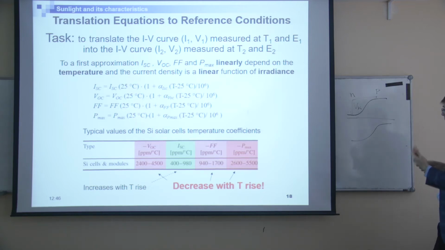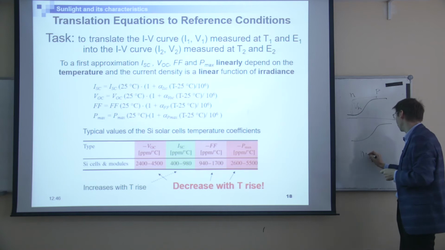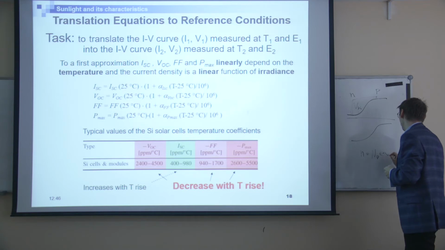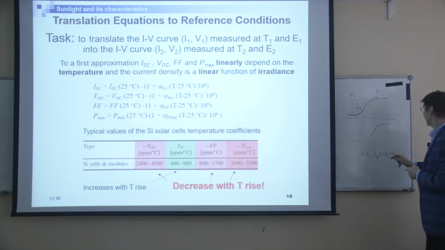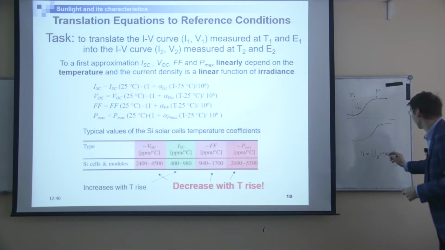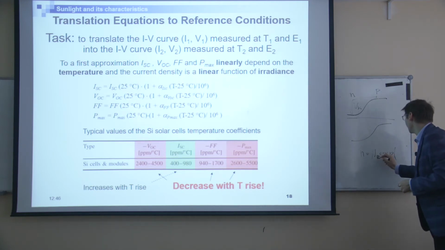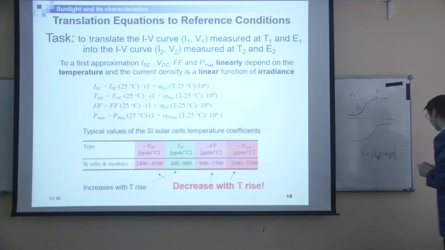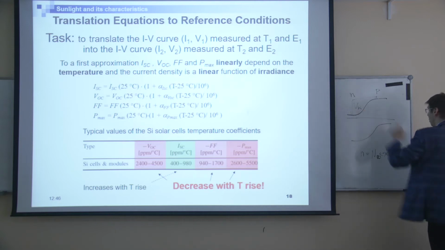And for example, the concentration for electrons could be expressed this way. Some NC, it's the effective density of states in the conduction band.